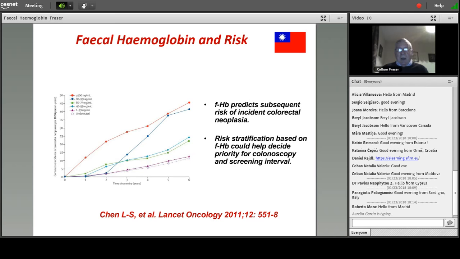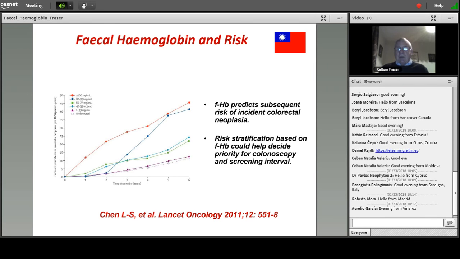So all of these people had initial fecal hemoglobin concentrations which would not warrant colonoscopy, and yet over time, in each of the groups, there was some cancer detected, and it was dependent upon the fecal hemoglobin concentration. If you're very near the cutoff point, then you're more likely to have cancer incidence than if no fecal hemoglobin is detected.